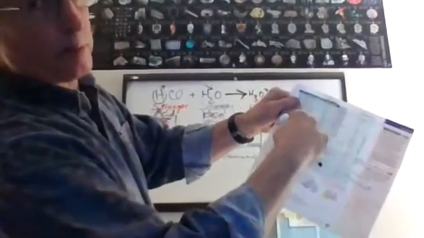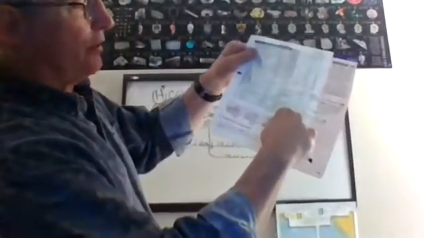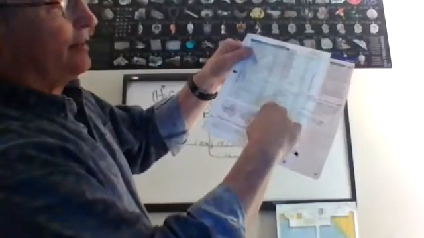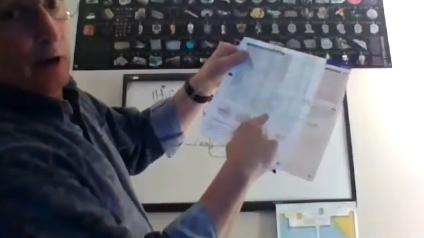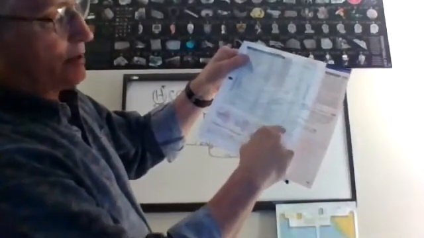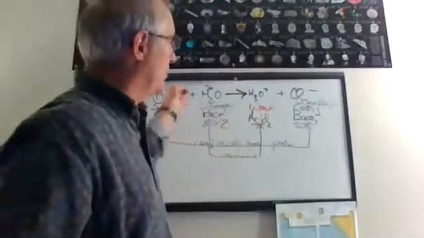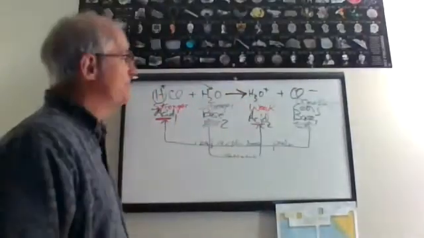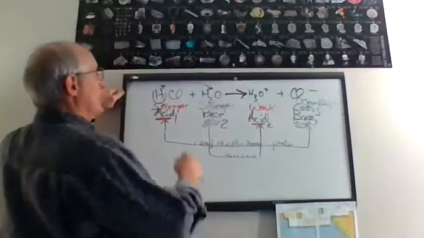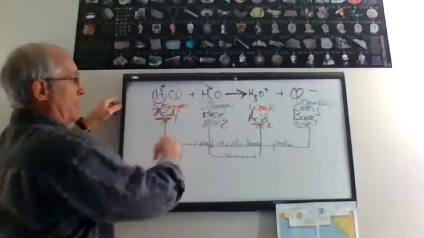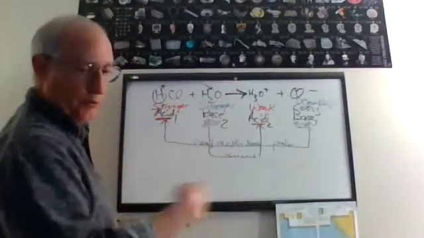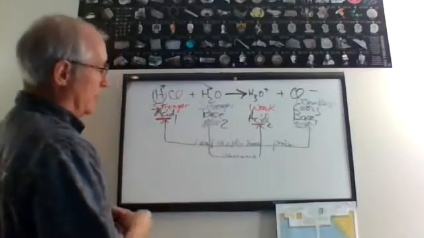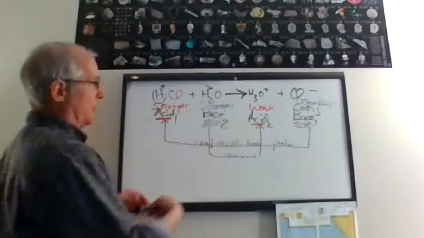Any one of these will ionize 100%. These last two, and let's include hydroxide, any of these three bases will also ionize 100%, and so you'll only get one arrow going to the right. But if it's a weak acid or a weak base, it's going to ionize in both directions.